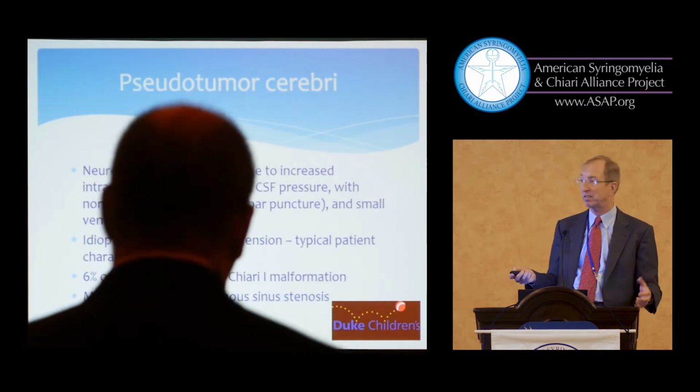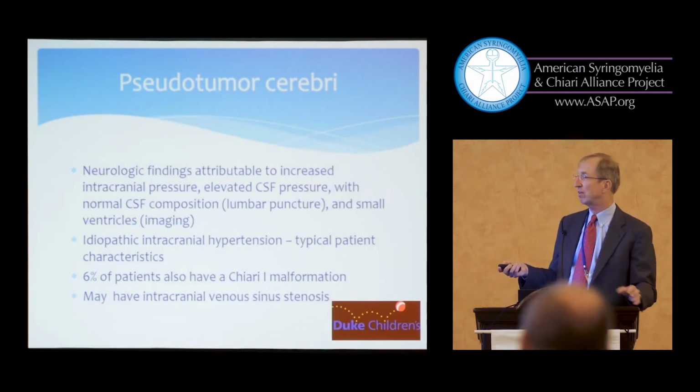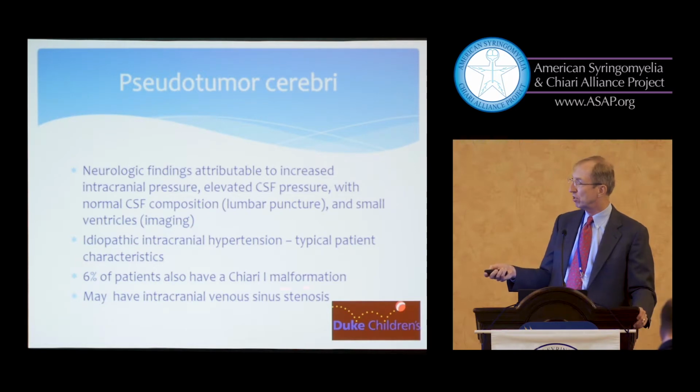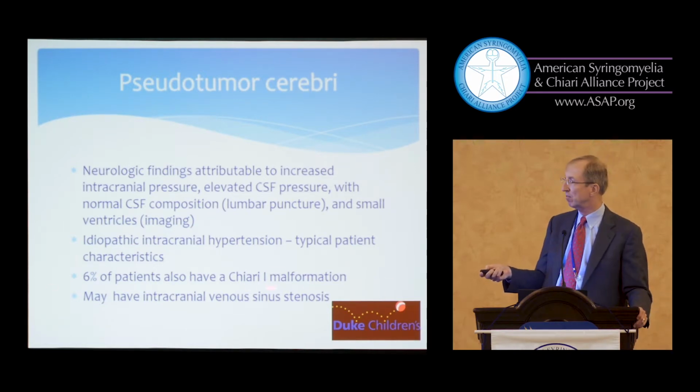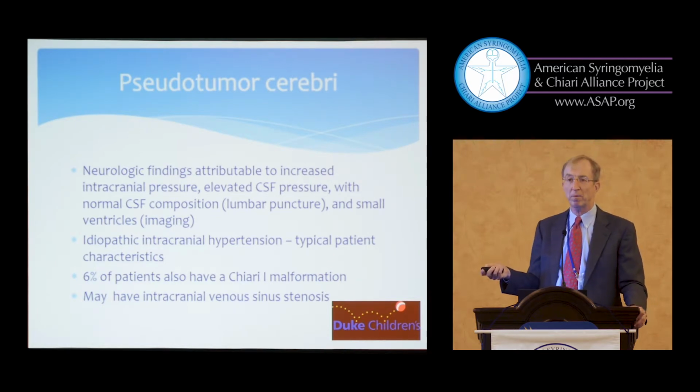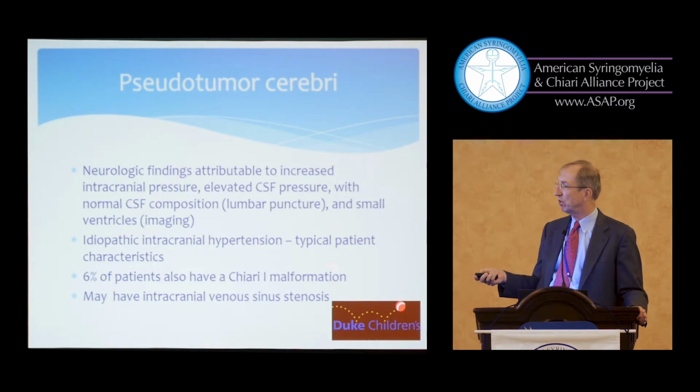They're often skinny kids, which is not nicer to operate on than the obese patients. But if we look at pseudotumor patients, about 6% of them may also present with a Chiari malformation. So this is where the overlap comes in, and we'll have to examine our patients very carefully to not miss the pseudotumor.